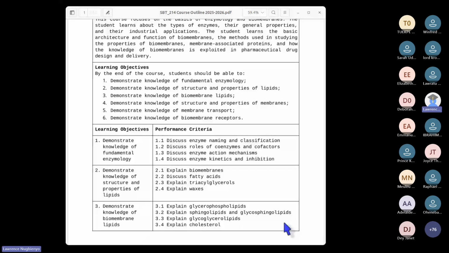And then when we get to biomembranes, which is the second part, first of all, we want to understand the structure of fatty acids, triacylglycerols, just to say generally lipids. I don't know if you did study lipids in first year or even second year, first semester.